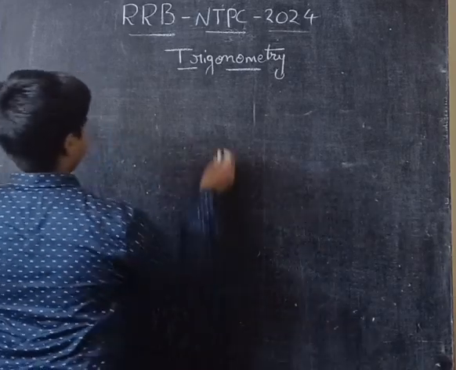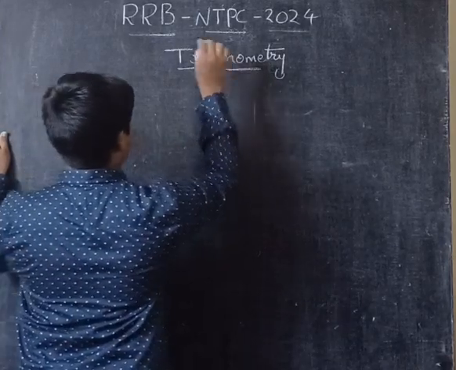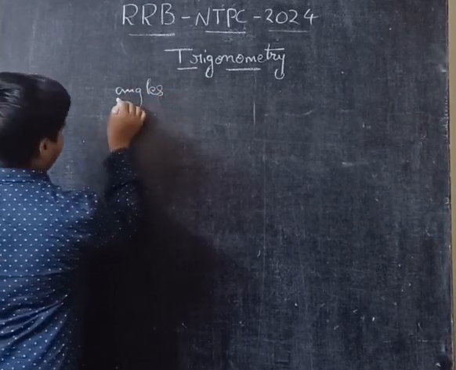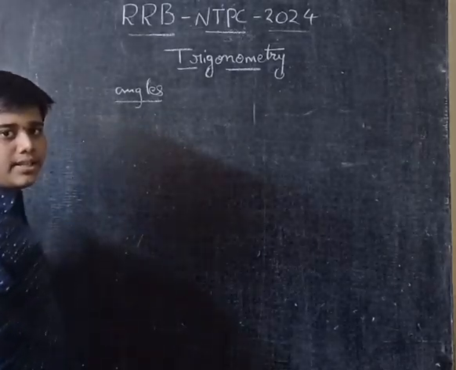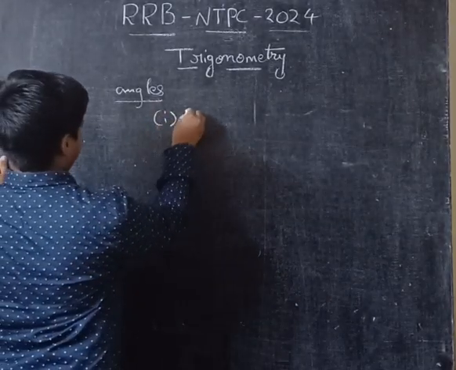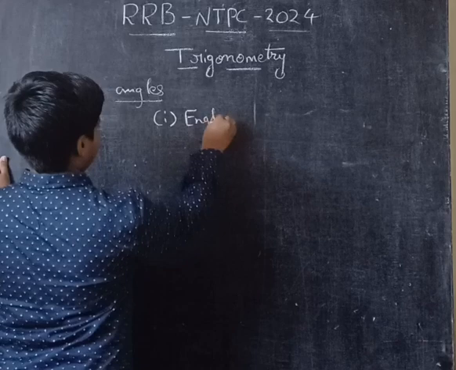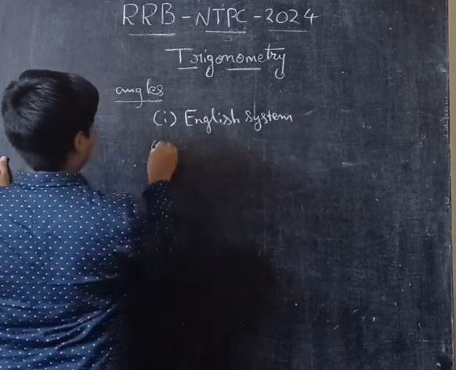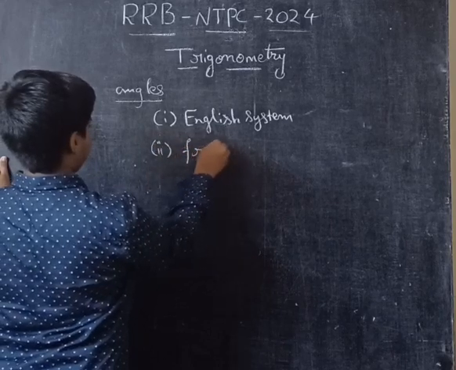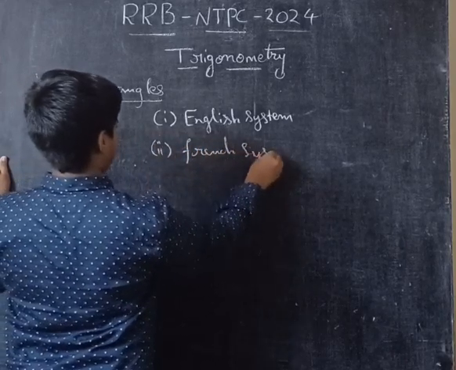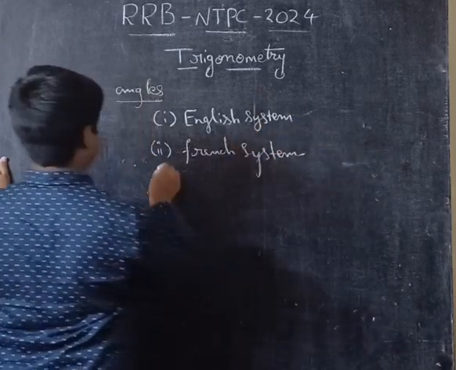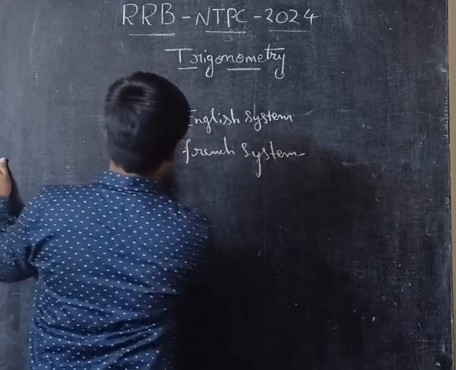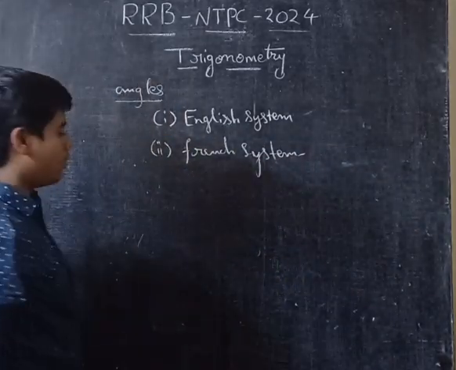And in trigonometry, the first subtopic is angles. In this, the first one is the English system, the second one is the French system, and the third one is not there, so only the normal is there.